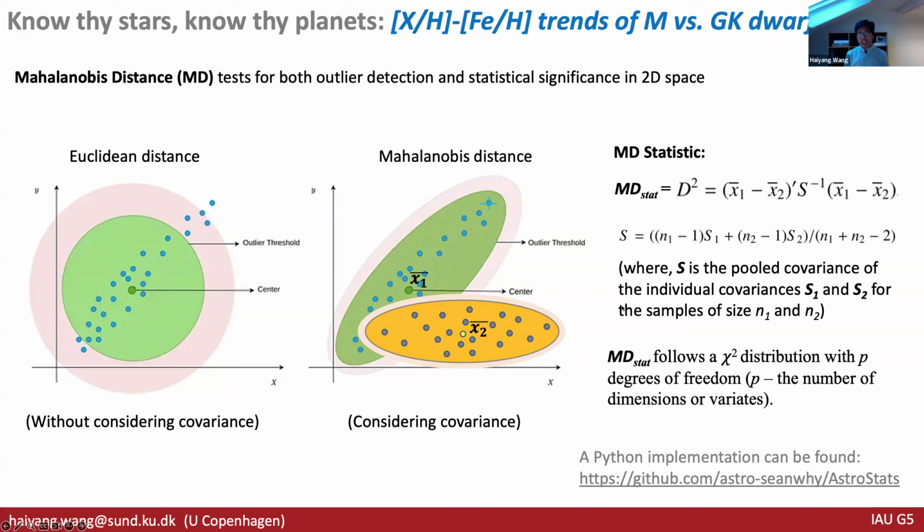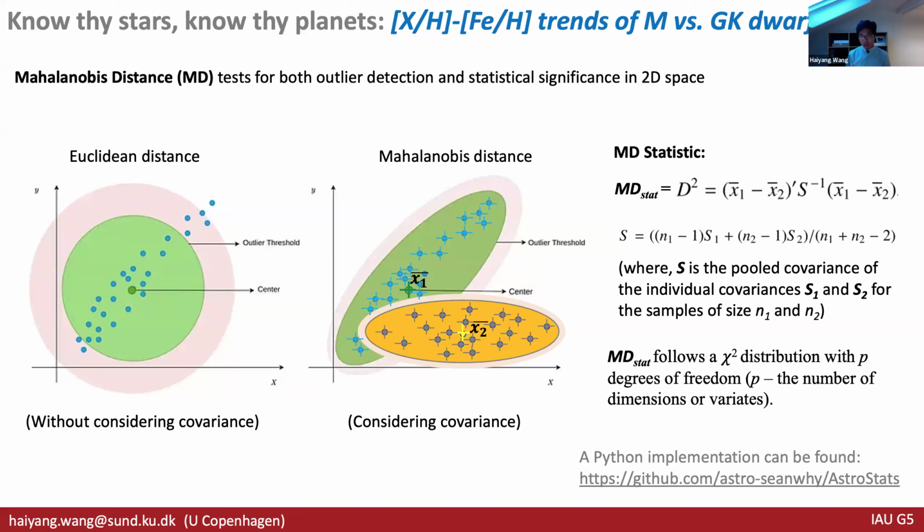What is very good about this test method is that it follows a simple and intuitive chi-square distribution with p degrees of freedom, where p indicates the dimensions of the variables of this data set. With that, we can also take into account the uncertainties on your data set. That's what we implemented for this work.